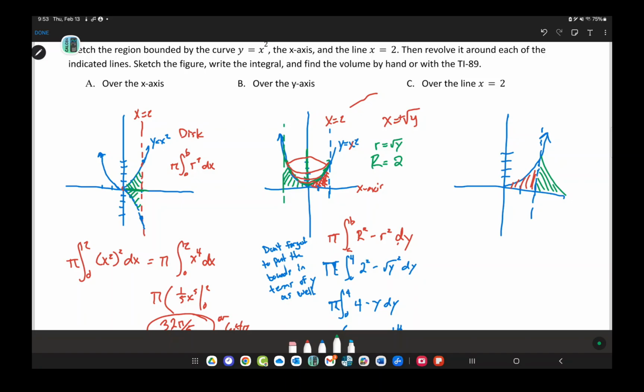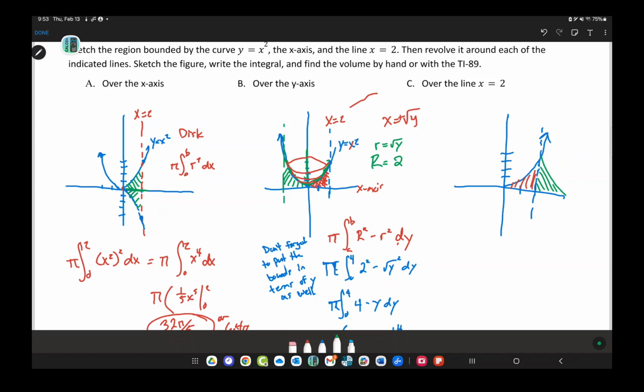That's the shape. It's 2 minus... not the same area. It's the other one. This is a disk method, not a washer method.